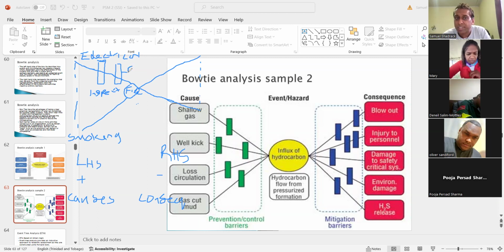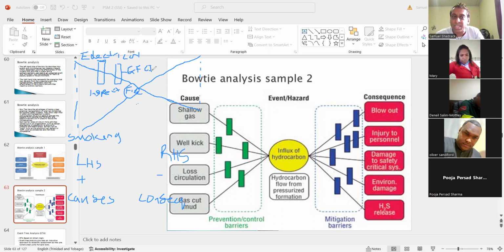I just put here GFCI, a ground fault circuit interrupter. So again, it all depends on what we are talking about. If it's a building or a breaker, you're making sure that the breaker and stuff is of adequate amperage. And even if there is a fault, there is something there to break the current and send it back to earth. This is GFCI.